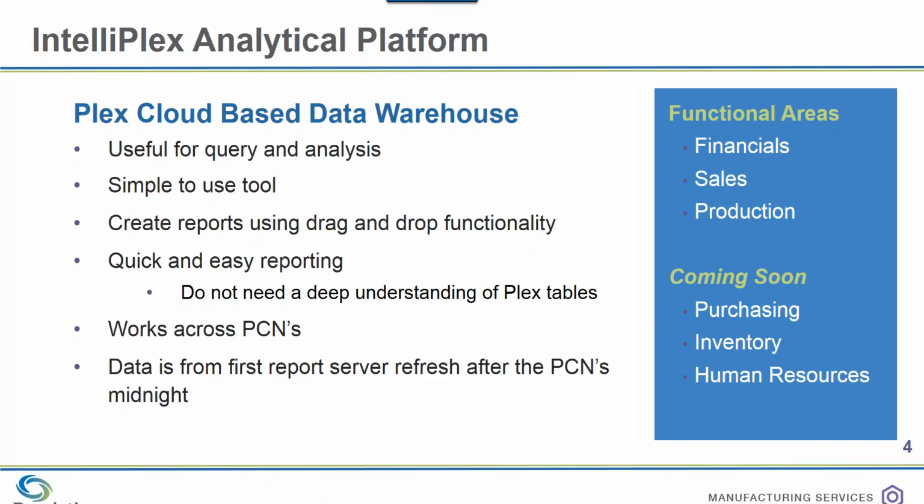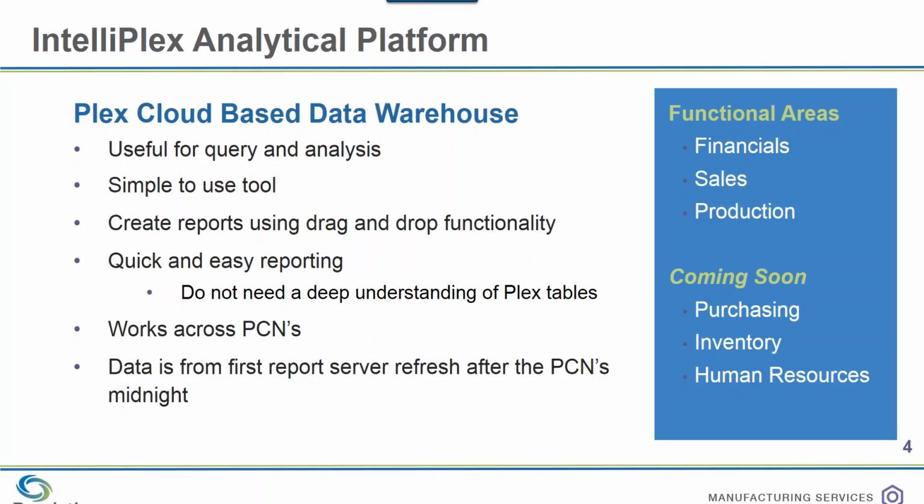The nice thing about domains and stars is that Plex has built the connections between all of the common elements, so creating a report really is as simple as drag and drop functionality. The query for the report or chart is built behind the scenes, so you don't need a deep understanding of the Plex tables and database structure to make these things work.